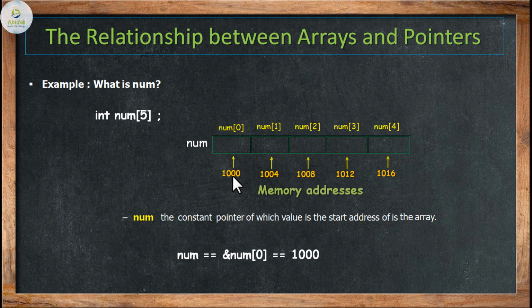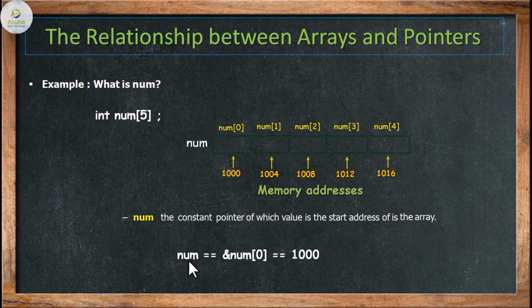That means inside the computer, when I create an array, a pointer is created which points to the 0th element's address. In this example, when I create an array int num[5], a pointer is created. The pointer will point to the very first element's address, that is 1000, which is equal to num, or equal to the address of num[0]. So both statements are the same.